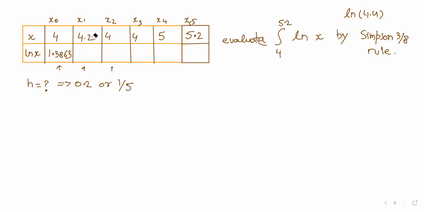1.3863. At 4.2, just tell me, 4.2 is 1.4351. At 4.4, 1.4816.